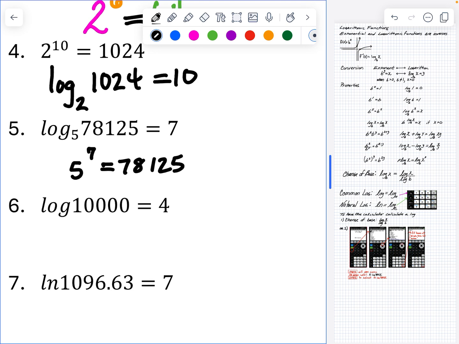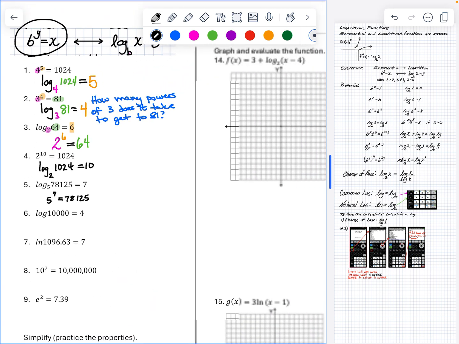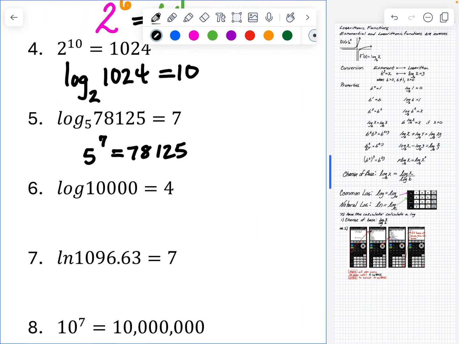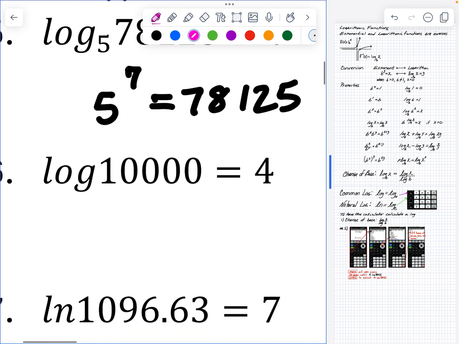Okay? The next one, you'll notice there's not a number printed on the base. If there's not a number printed on the base, then the number that should be there, and is, is the most common number used, and that is the number 10. So that's really a 10 right there.